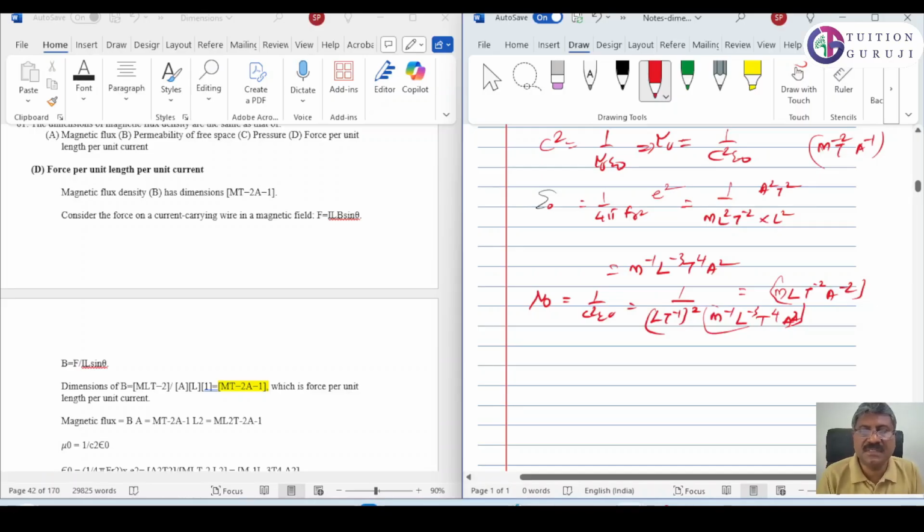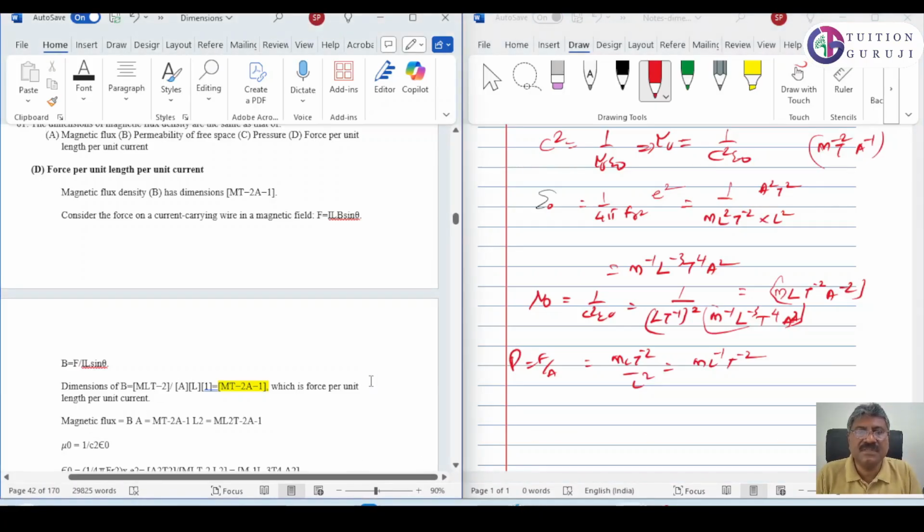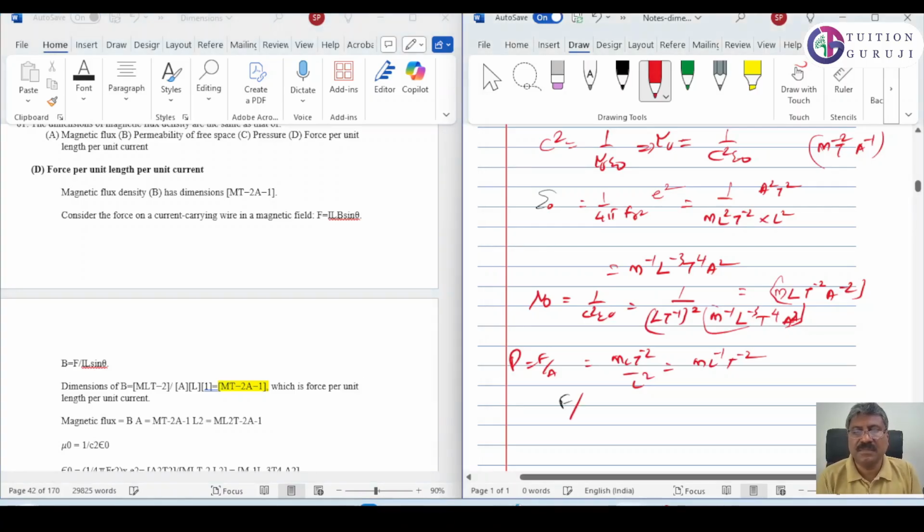Next one is pressure. Pressure is F by A, which is M L T raised to minus 2 by L square, that is M L raised to minus 1 T raised to minus 2. Next one is force per unit length per unit current.